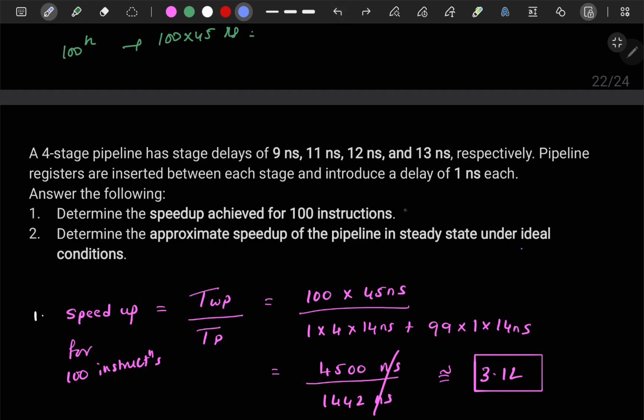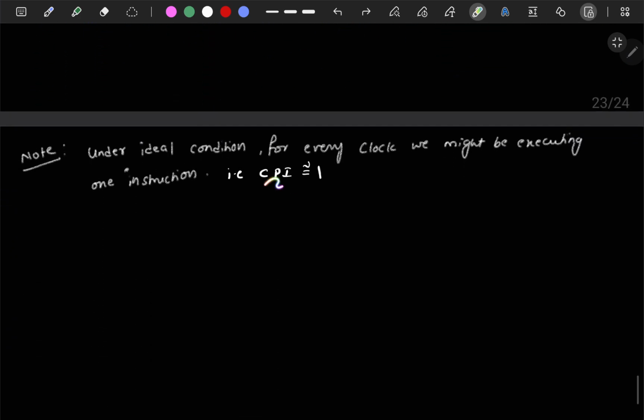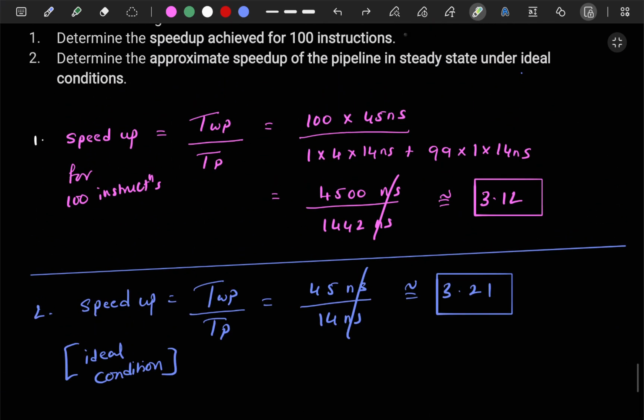But whenever steady state under ideal condition is mentioned, clock per instruction is always 1, meaning one instruction comes out per clock. So you don't have to worry about 100 instructions. Just take the ratio for one instruction and you will directly get the answer. Okay, fine.